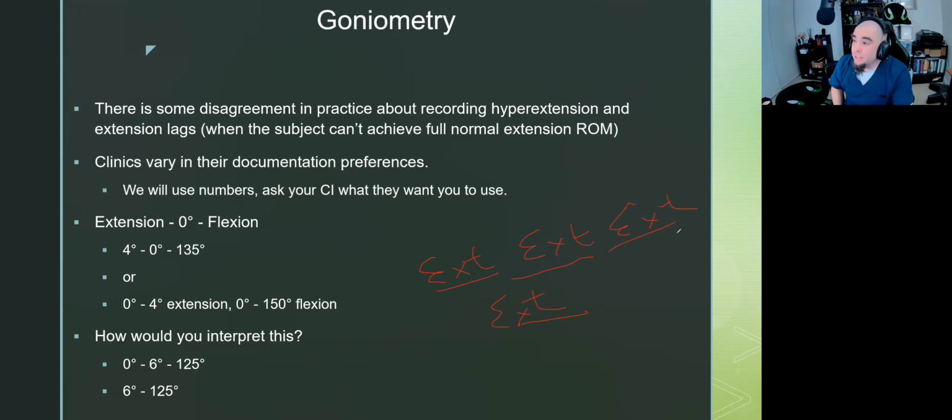So if you've got a patient that maybe had shoulder surgery and they're fresh out of shoulder surgery and they're limited in shoulder extension, so they can't get back to 0, they can't even get past 0. You know, so they're stuck at 15 degrees of shoulder extension or something like that. We need to work that extension pretty aggressively.